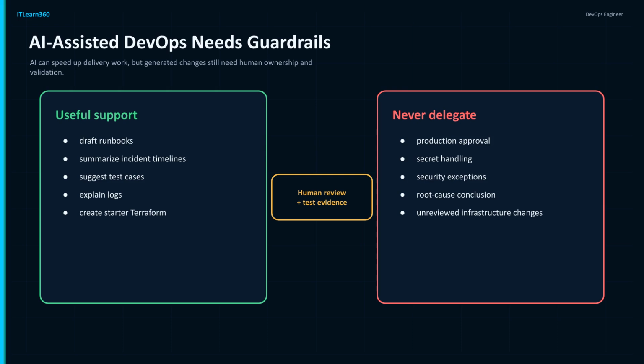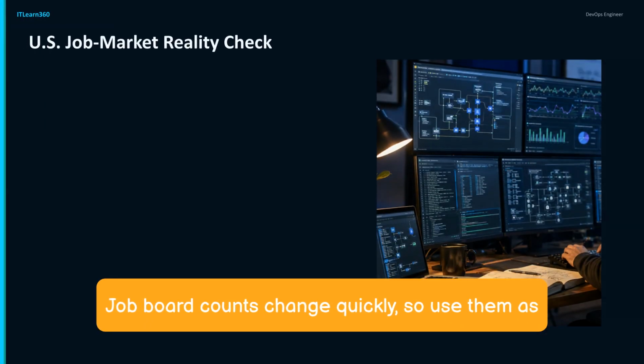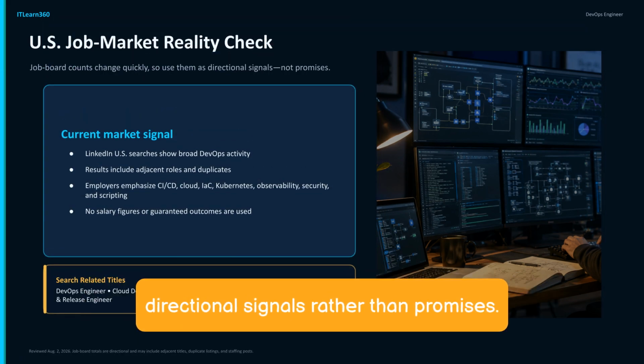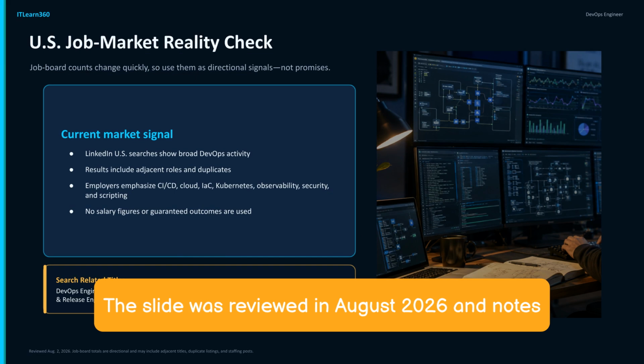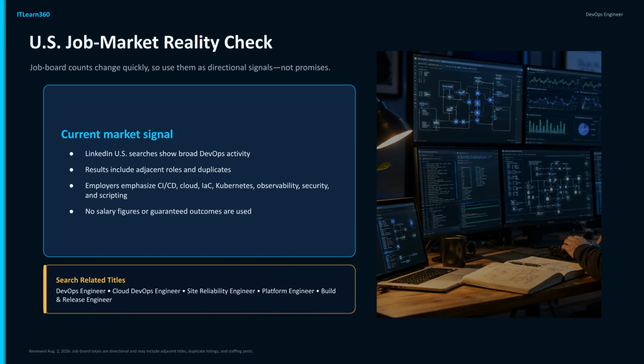With that guardrail in place, the technical roadmap maps naturally to the skills employers repeatedly request across DevOps, SRE, platform, and cloud delivery roles. Job board counts change quickly, so use them as directional signals rather than promises. The slide was reviewed in August 2026 and notes that U.S. DevOps searches include adjacent roles, duplicates, and staffing listings.